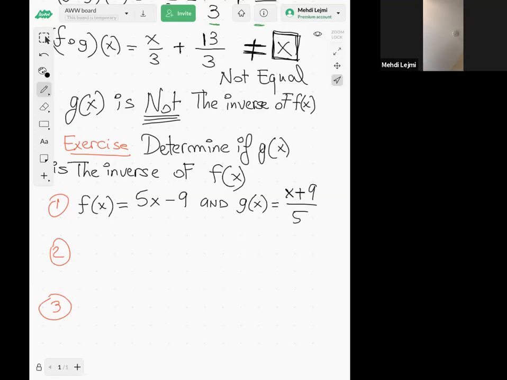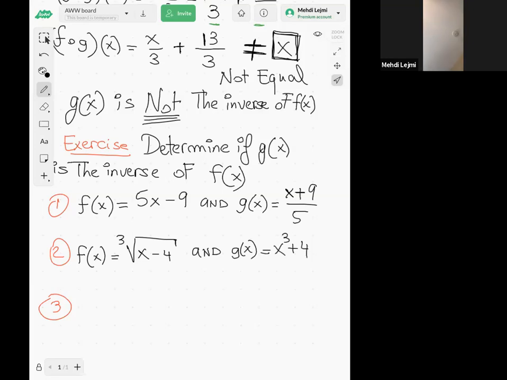Number 2: f of x is the third root of x minus 4, and g of x is x cubed plus 4.